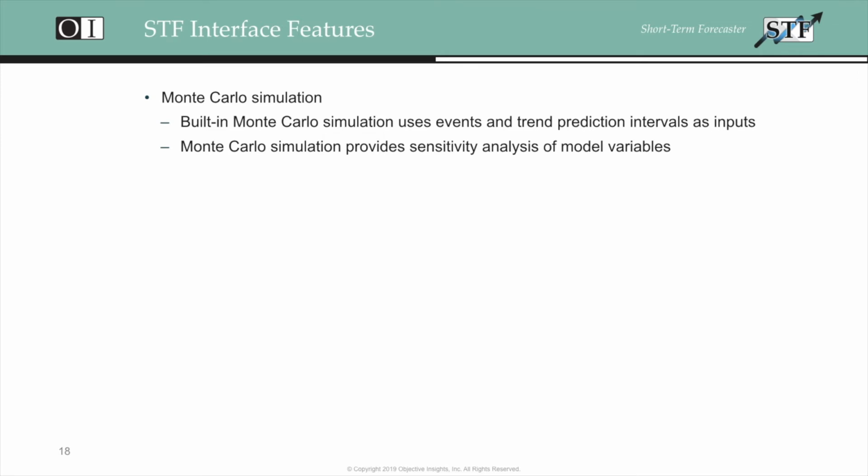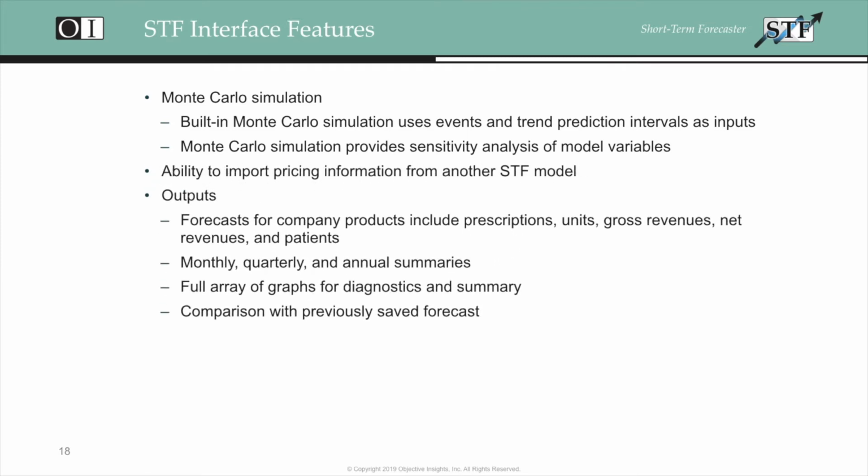The short-term forecaster model has Monte Carlo simulation built in, and we're going to talk more about Monte Carlo simulation in another lecture. The outputs of the short-term forecast model are monthly, quarterly, and annual, and they are displayed both in summary tables and in graphs.